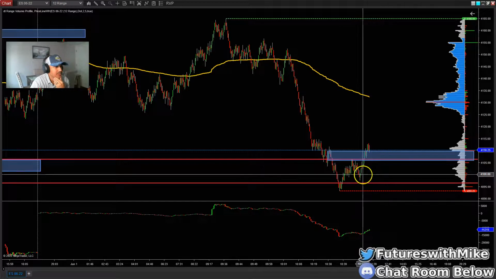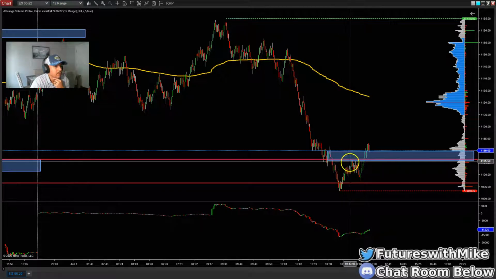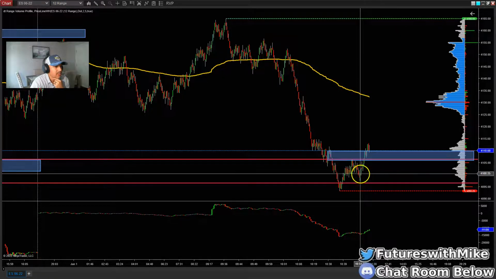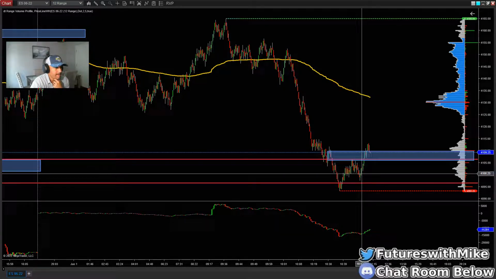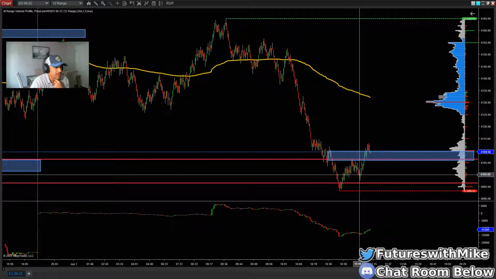But if it comes back, it can come to this area right here. I would prefer to see it come down to this area right here, this area down here. So I'm talking about 4,100. It's a round number as well. So we'll see if it does that, and then I might be interested in possibly looking for a position.